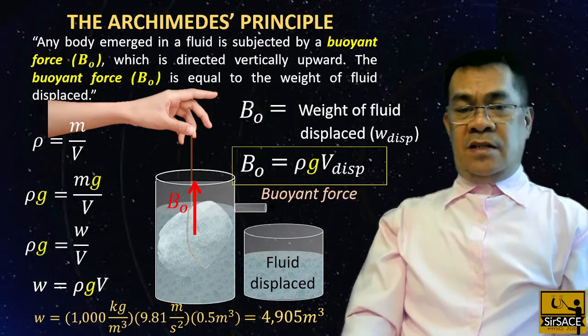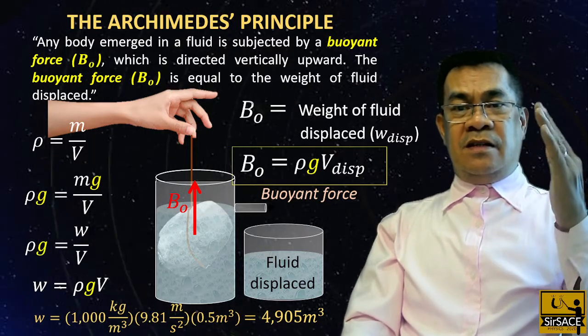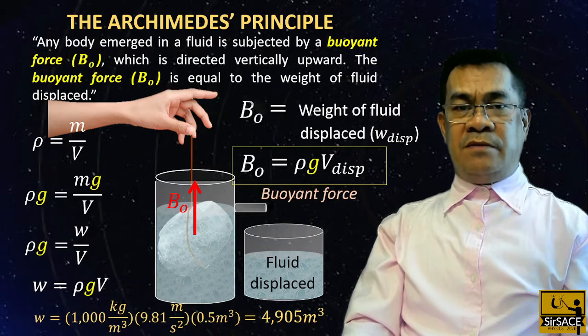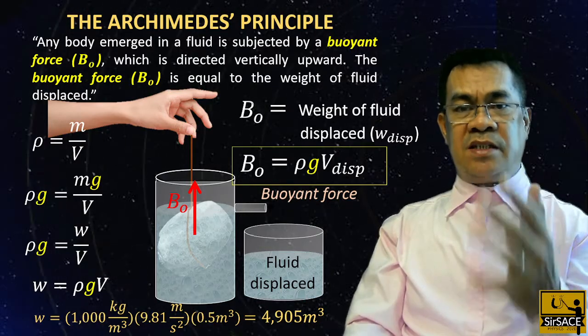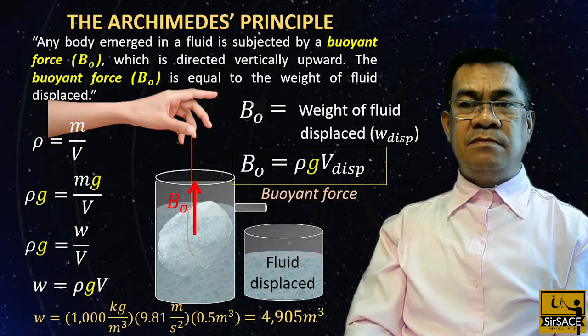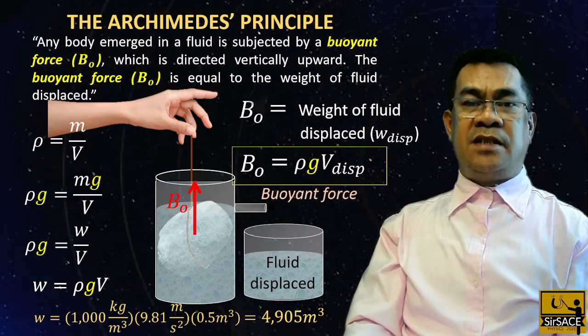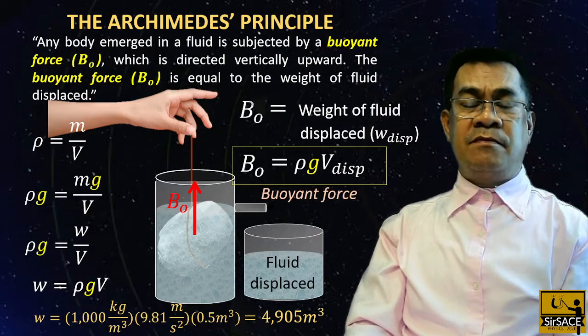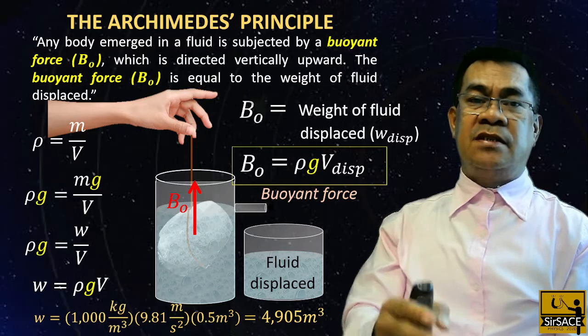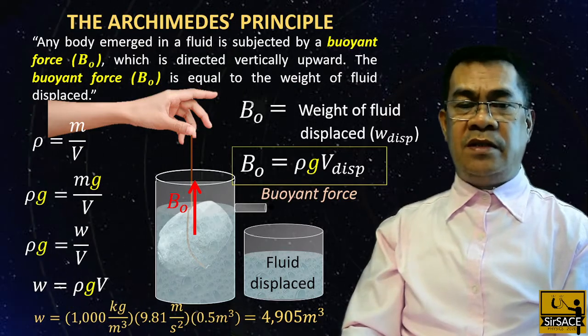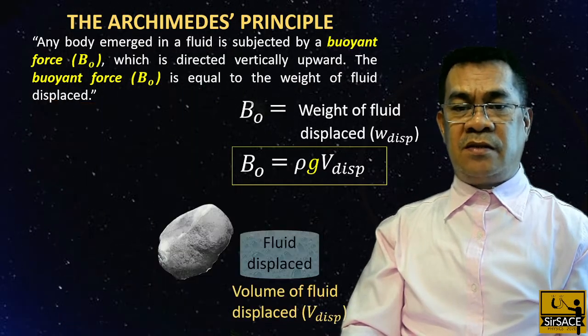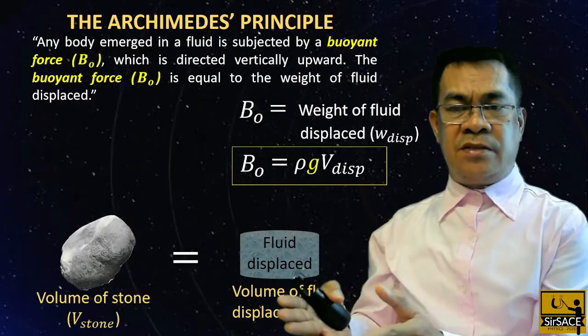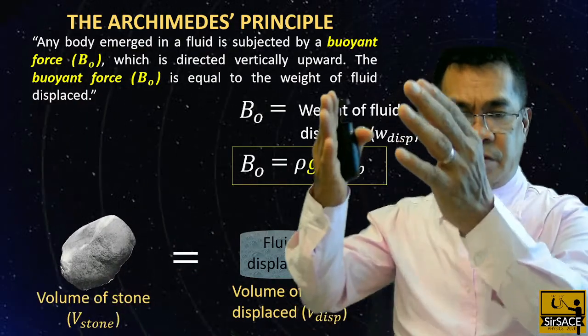Okay? So, again, any body immersed in a fluid is always subjected to a buoyant force. And that force is directly upward. And that force is equal to the weight of the fluid displaced. Another thing is the volume of the stone, take note, which is submerged in the fluid.